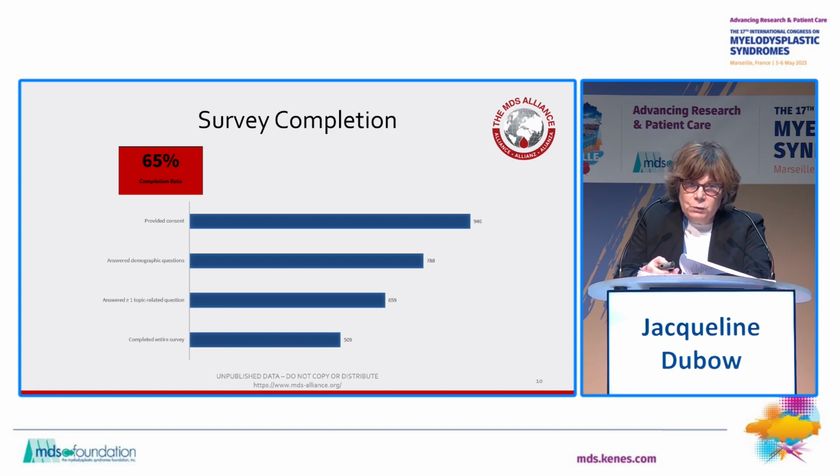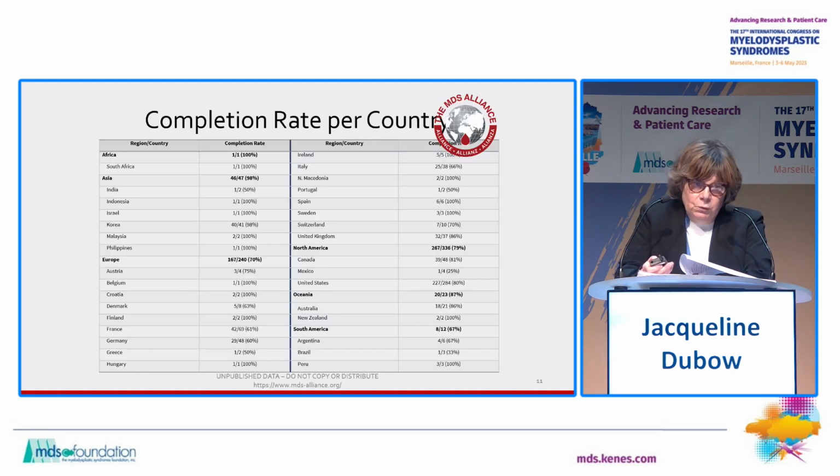But it was a good result, especially, I will come back on that, due to the fact that the survey was fairly long, over 40 minutes. And that's way, way too much time. So that's the first lesson we learned. But 65% was a good rate.